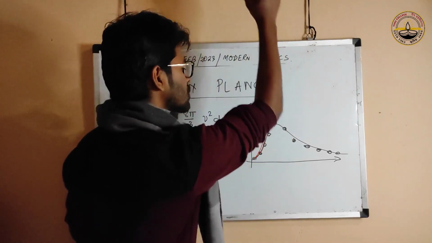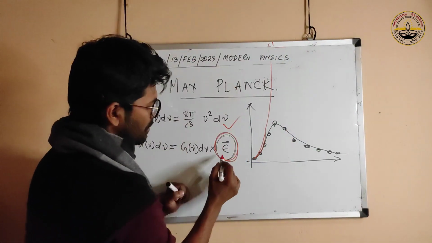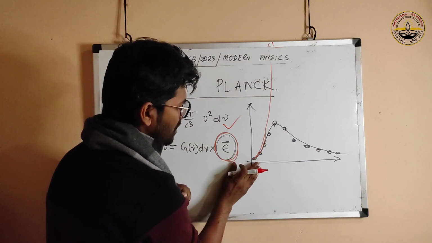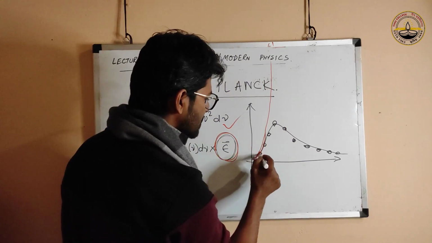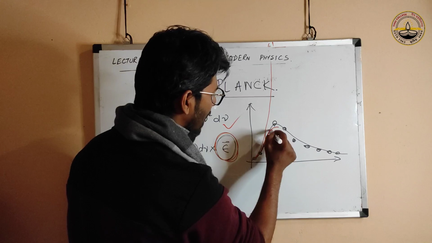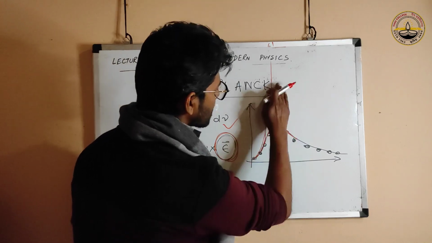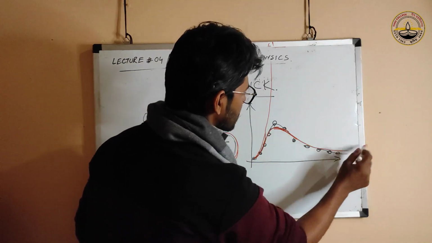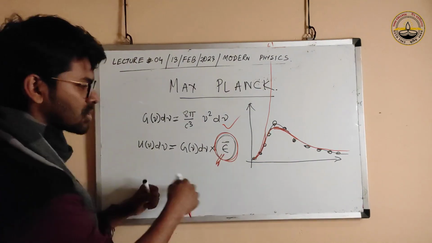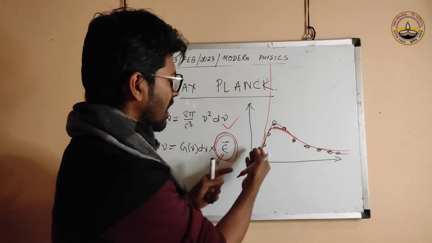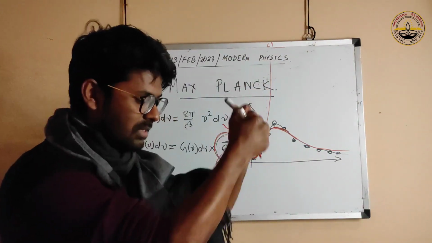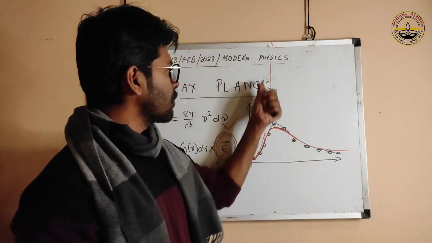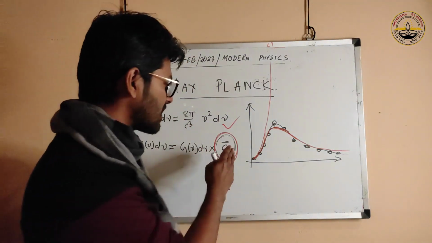So this one wants to go up, nu squared, but this one will first be polite, but then at some point it will start pulling it down. It will pull it down, and will become like this. So this function has to be something that after some time starts decreasing rapidly, that will pull down this nu squared. And he guessed it.